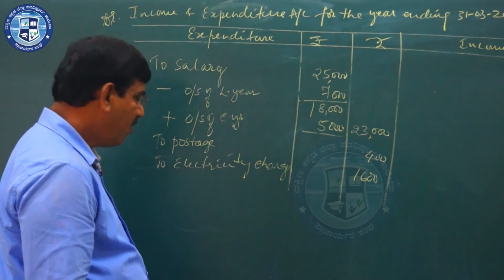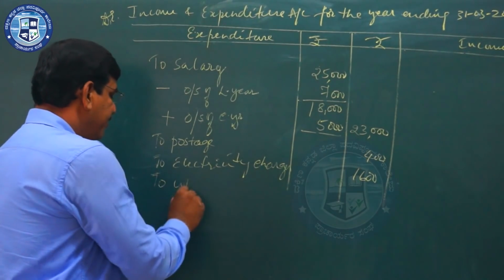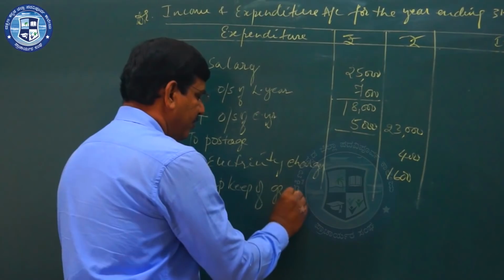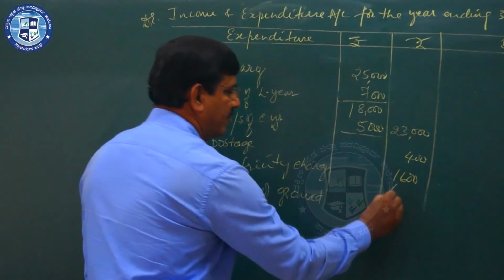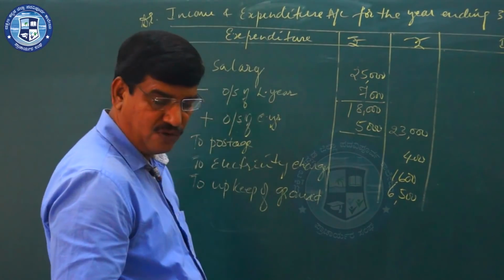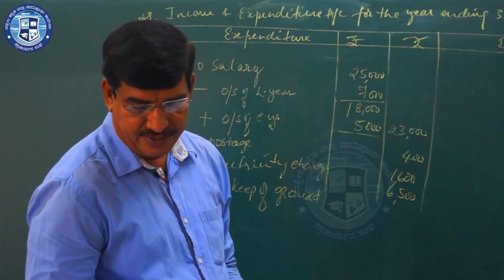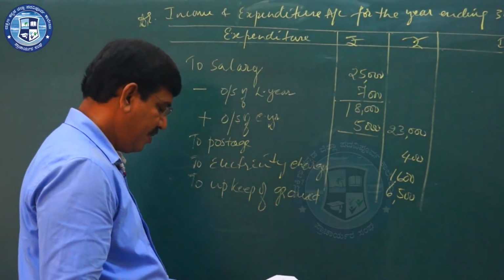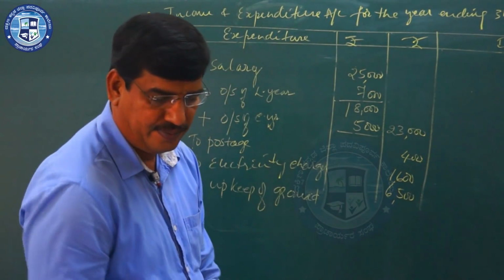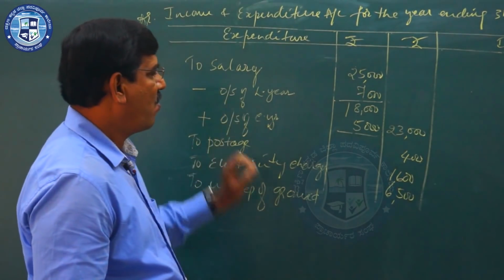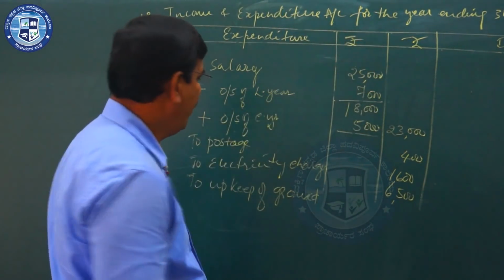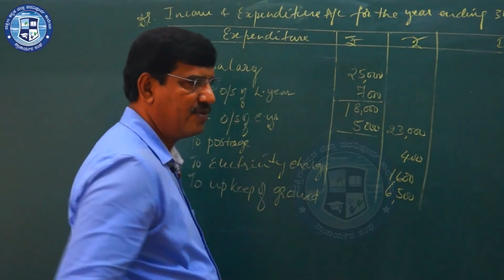And upkeep of ground 6,500. For this expenditure also there is no adjustment. So from the payment side of receipts and payments account, we have considered these items.